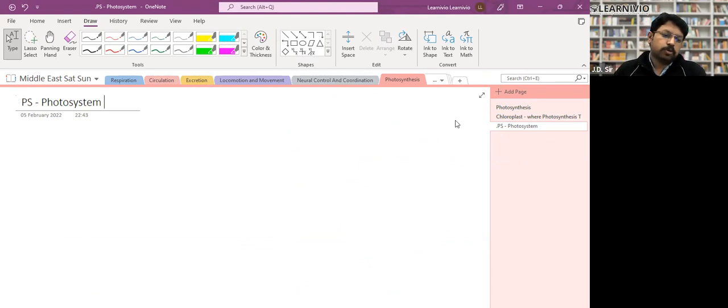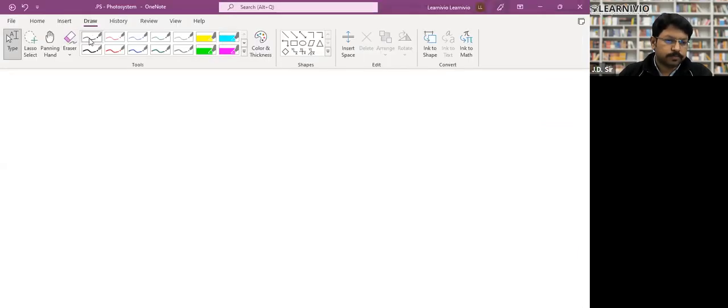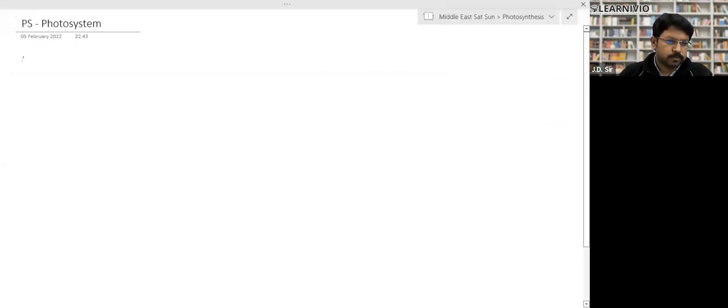Both are of the same kind, and there is a bit of difference in their composition. PS1 is called P700, and the other, PS2, is called P680.